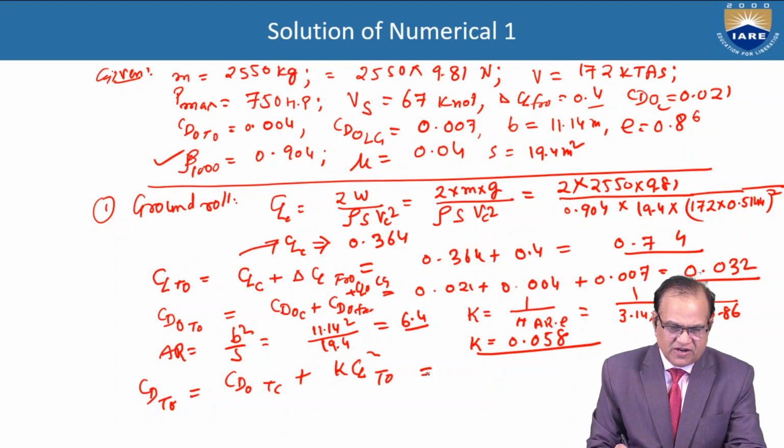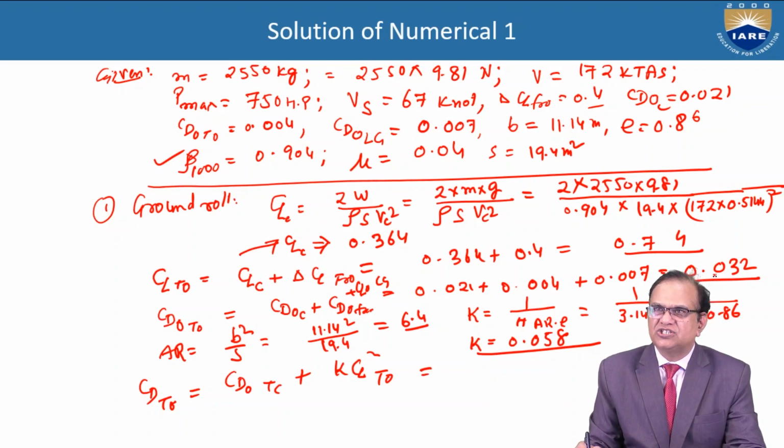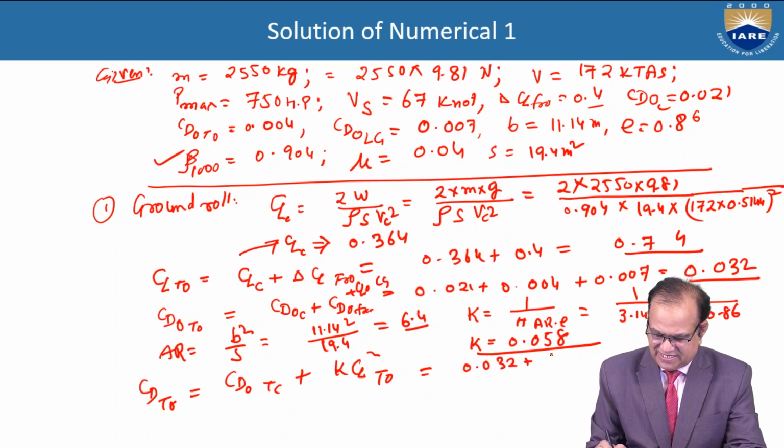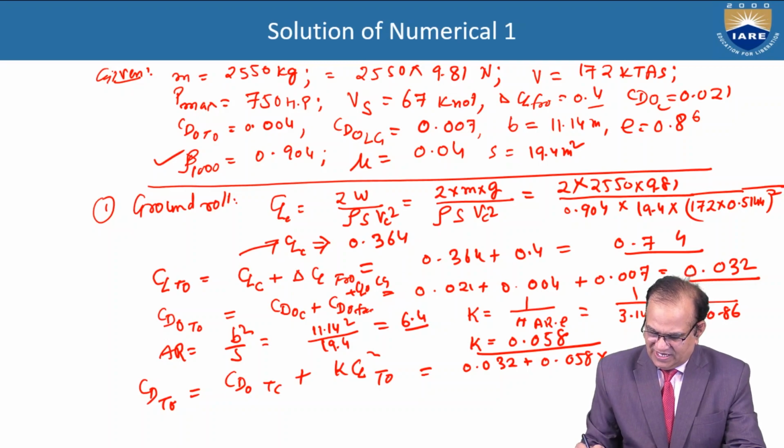CD naught we have just now found as 0.032, plus K, which is 0.058, into CL, which we have got as 0.764, squared.